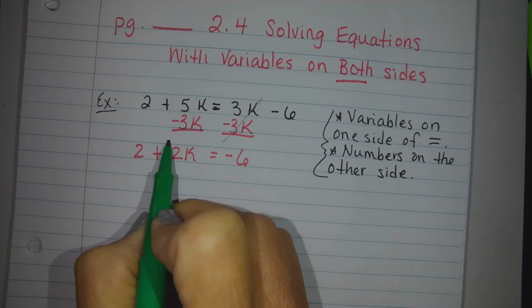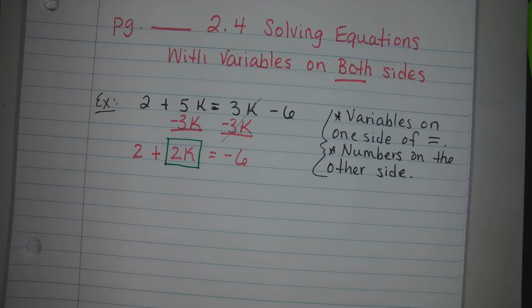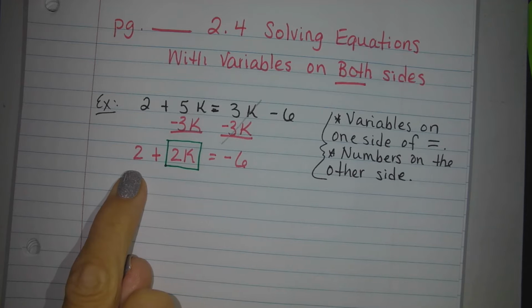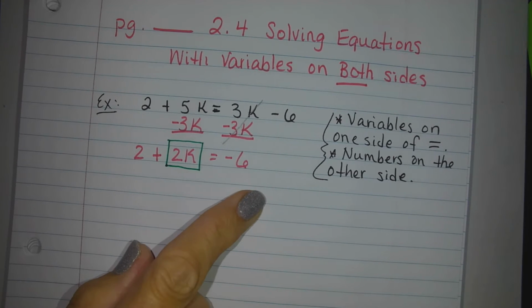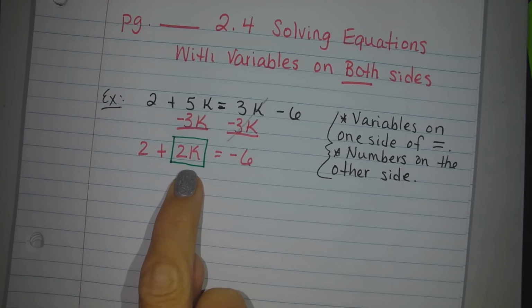Watch what I'm going to do. We are done with this, so I'm going to box it. We're done. The variables, check, done. Now, if I'm done with that, what do I need to do with this +2? Right. I need to move this over. Remember the whole goal. Variables on one side. We did that.